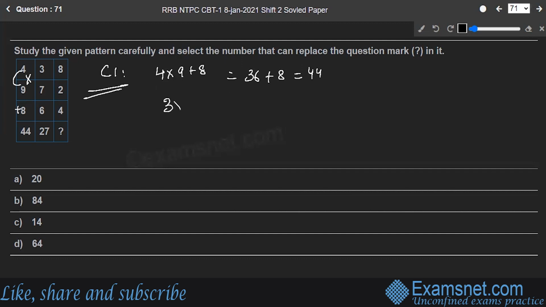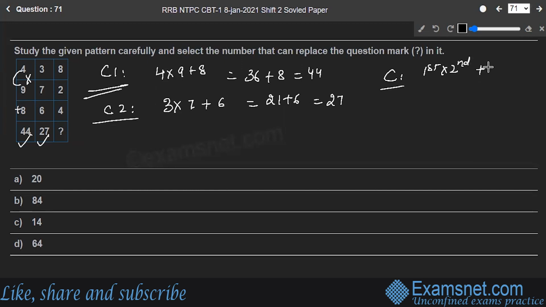This is second column. 3 multiplies 7 plus 6, that is 21 plus 6 is 27. That means we got the logic that the first number in a column, first number multiplies second plus third gives you fourth.